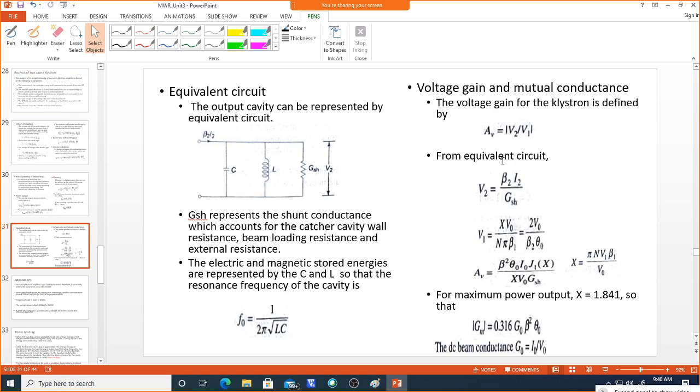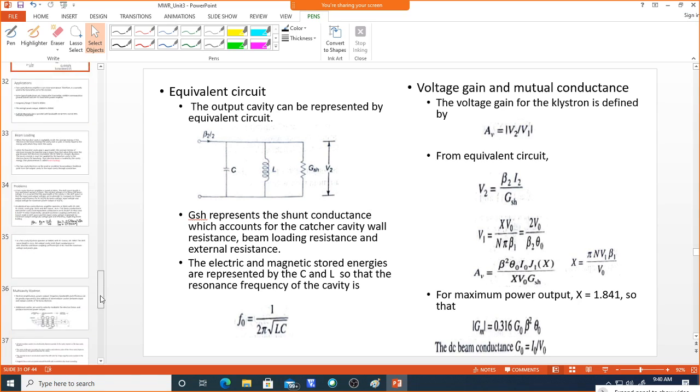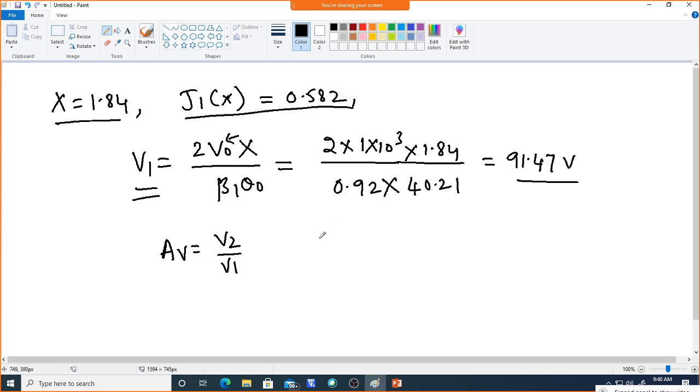Or you can use the voltage gain equation, because we know the beam coupling coefficient, the DC transit angle and the other parameters.